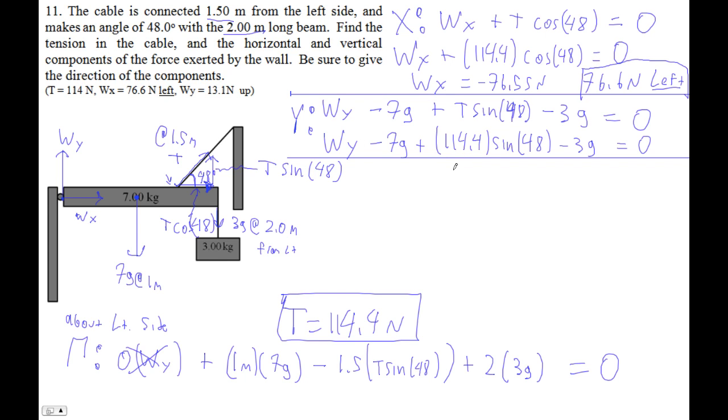Yeah, we can solve that for the wall in the y direction. I don't even know which way it's going to be, up or down. So let's just do this: 7 times 9.81 plus 3 times 9.81, and then I guess I subtract that guy, so minus 114.4 times sine of 48.